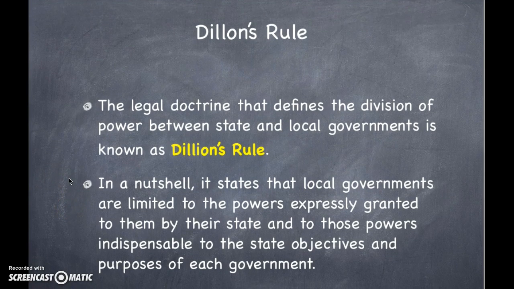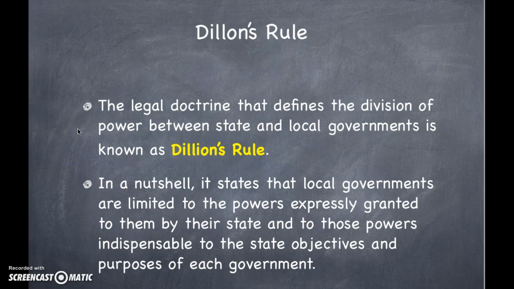Dillon's rule is the decision made by Judge Dillon, which really set forth the whole idea of the relationship between state and local governments in law. And it is, in essence, a legal doctrine that defines the division of power between states and local government.